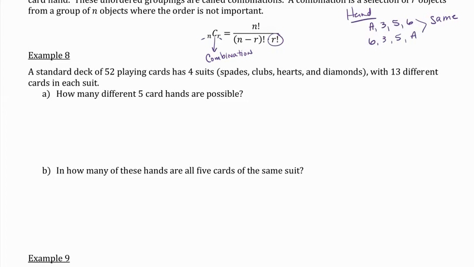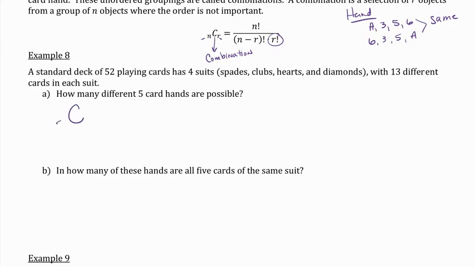So 52 cards, how many different hands can I have that have 5 cards? Like I said up here, ace, 3, 5, 6 is the same as 6, 3, 5, ace. This means order doesn't matter. It doesn't matter what order the cards are in my hand. I would still have the same hand. So this is our combination.